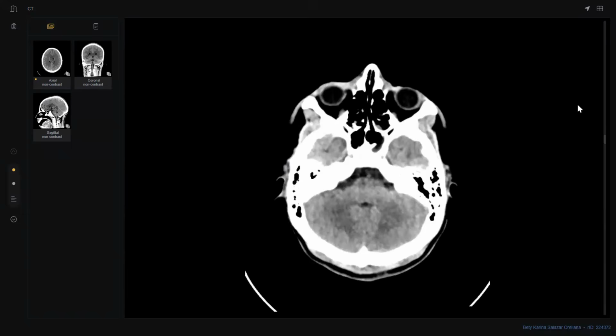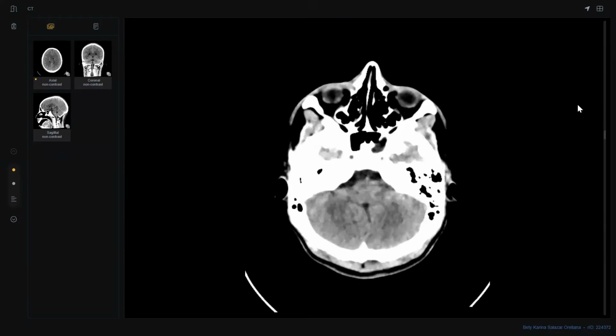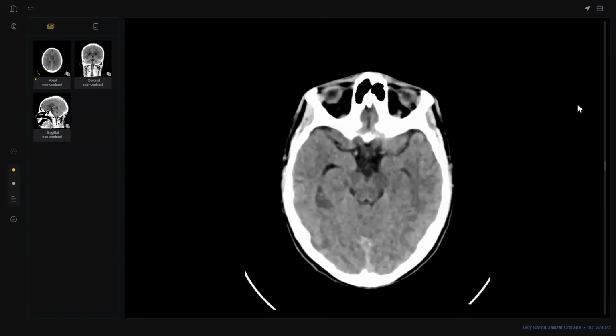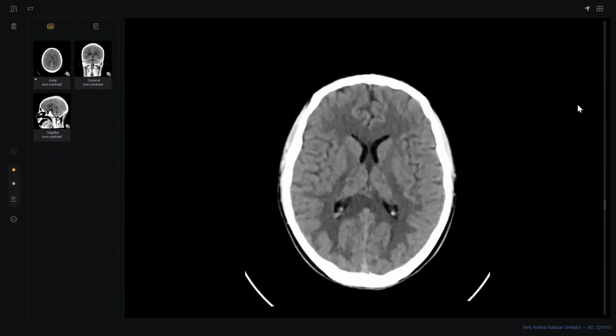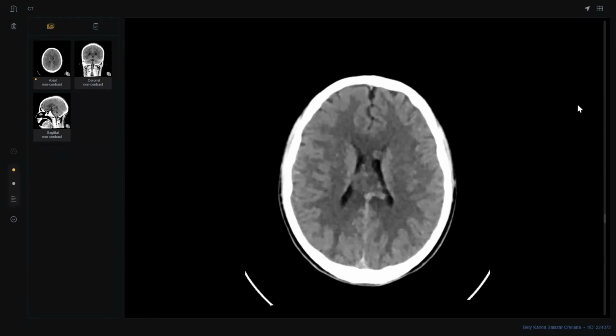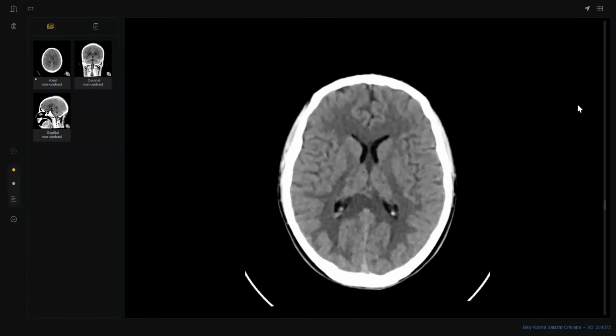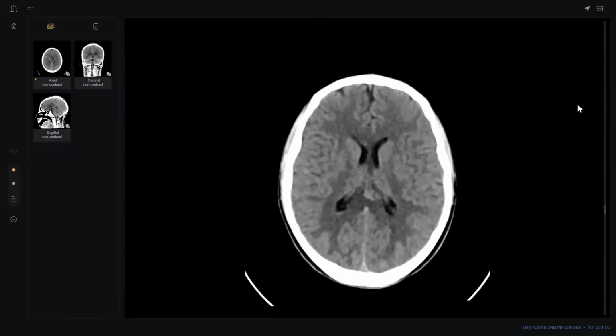This is a non-contrast CT scan. I'll go to the area of interest. Upon scrolling, I could see an area of hyperdensity projecting within the splenium of the corpus callosum, also within the right periventricular region, with an area of hypodensity surrounding it in keeping with edema, causing effacement of adjacent cortical sulci.